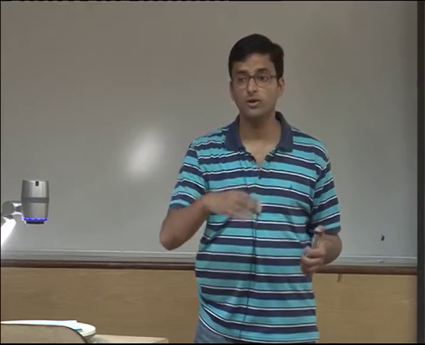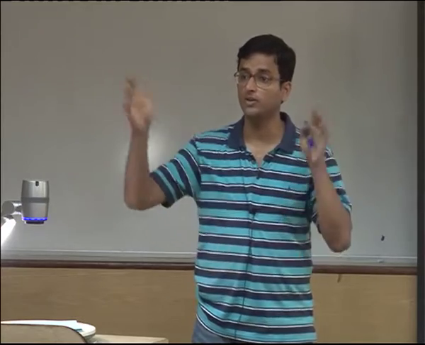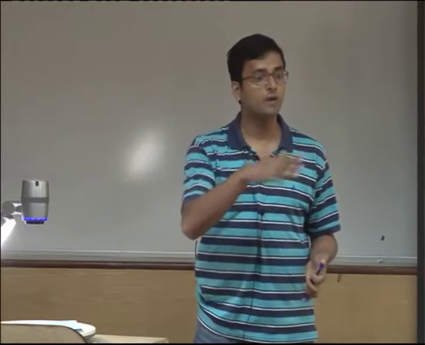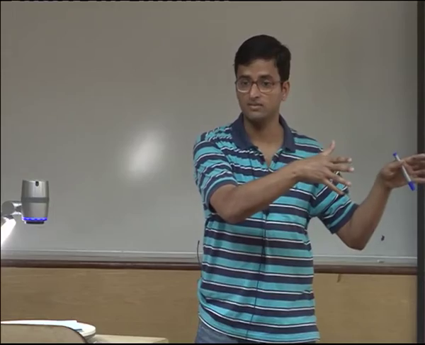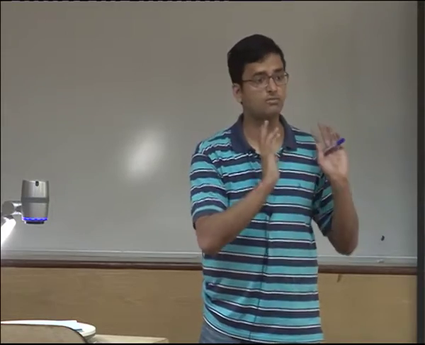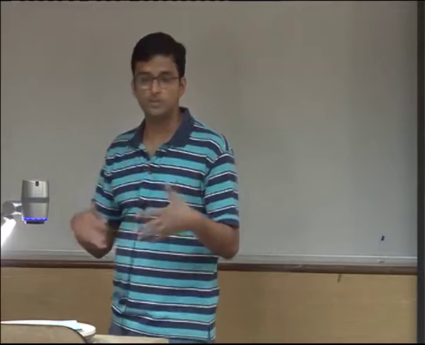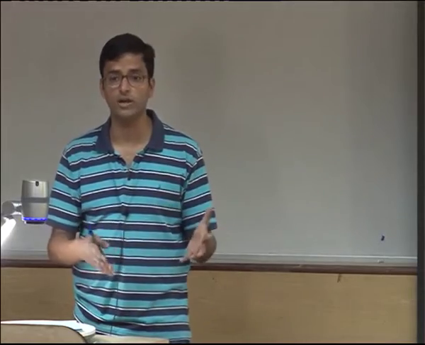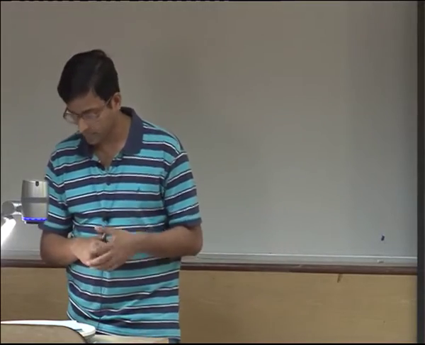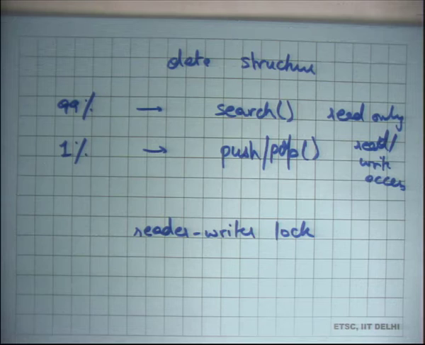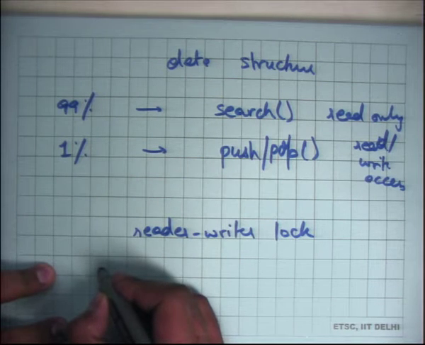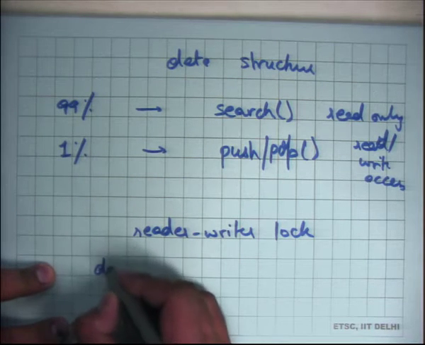And so now you are not bouncing the cache lines that hold the data structure, but you would be bouncing the cache lines that hold the lock, right? And so that's not very good performance, and it's possible that the performance is actually worse than what it could have been on a single processor. So the better thing could have been to do nothing on reads.